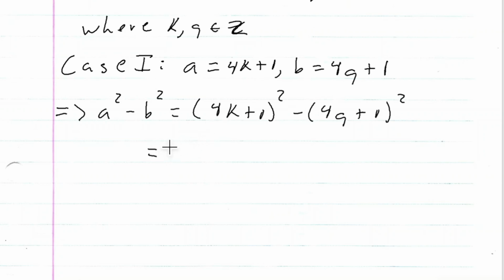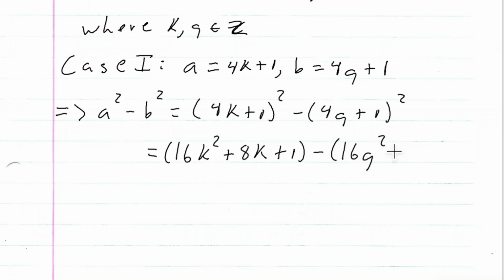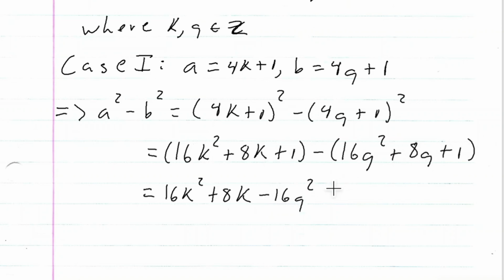And that is equal to 16k squared plus 8k plus 1 minus 16q squared plus 8q plus 1, right? And then this will just be 16k squared plus 8k. And this will be positive 1 and this will be negative 1. So the 1s will just go away. And then we'll have minus 16q squared and then minus 8q.